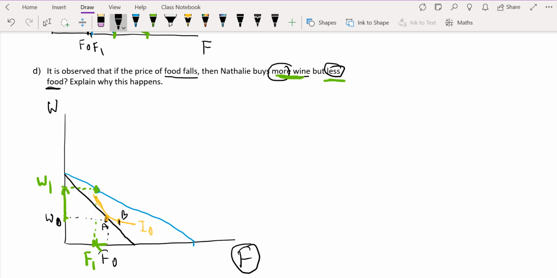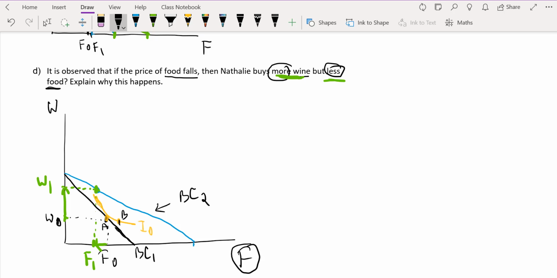However, because in this case Natalie's real income increased, she will certainly shift to a higher indifference curve, and in this case a higher budget constraint. In this case it's this blue line, budget constraint 2 here, while this is budget constraint 1.